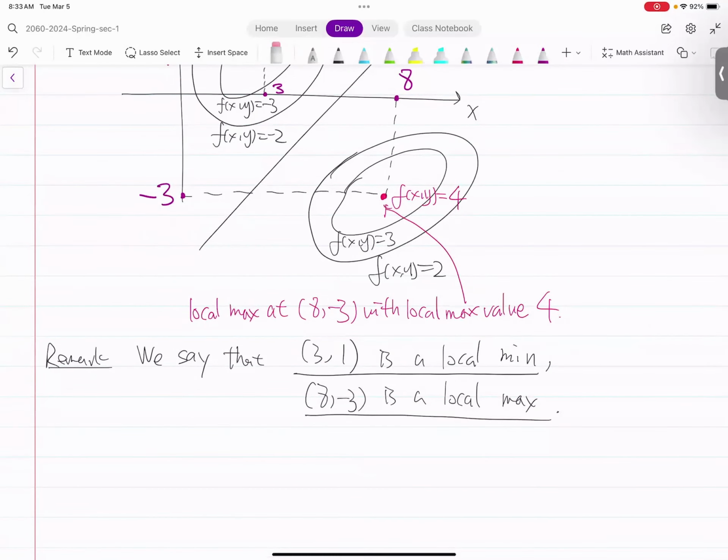Now, let's think about the gradient direction that we were talking about. The gradient direction at a point tells you the direction along which your function value increases the fastest, right? But then what can you say about a local maximum point right here?